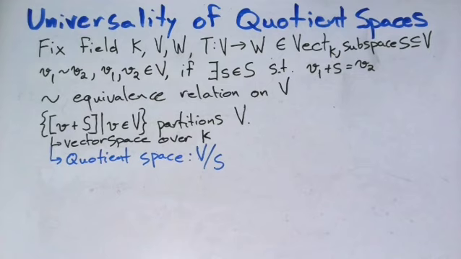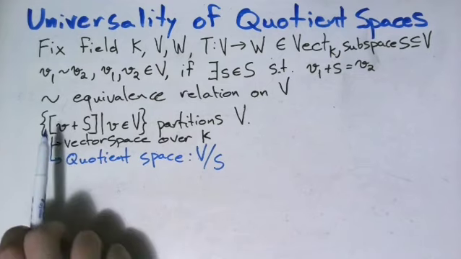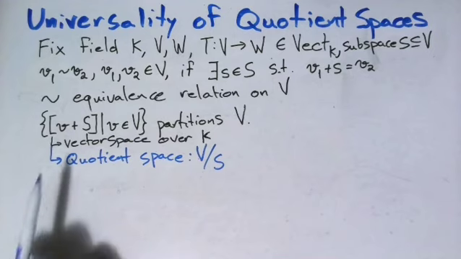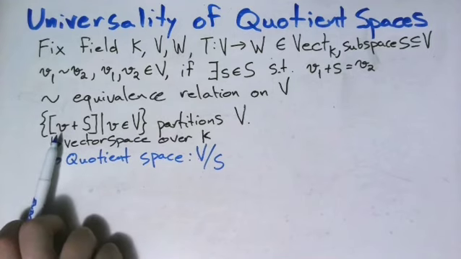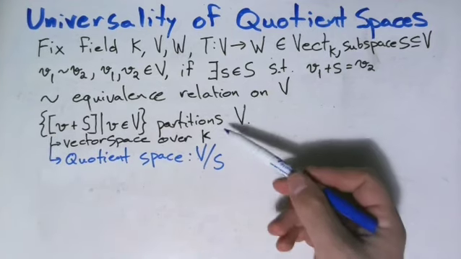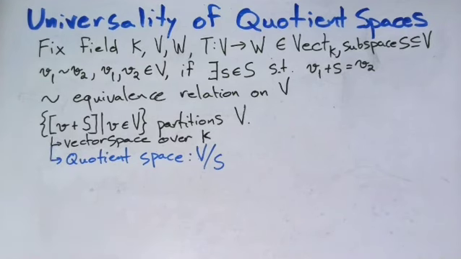And notice that we can map any V to its equivalence class V plus S. And that mapping will exist for every V. And for every V, it will map to exactly one of these equivalence classes, right? Because this is a partition. So each V can be in one and only one of these.